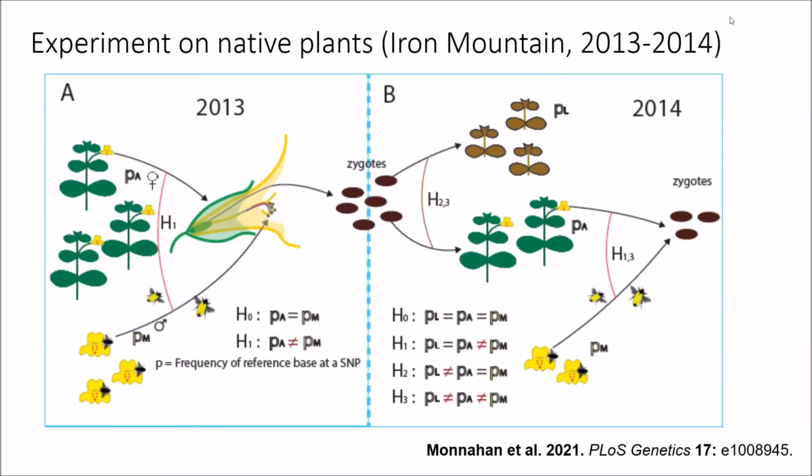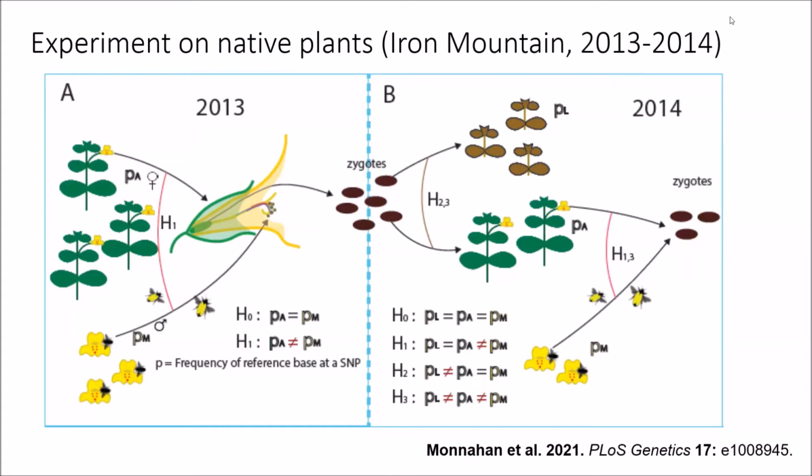In 2013, we went out to the population and marked a whole bunch of individuals that made it to flower, counted their seed, and then genotyped in the greenhouse a random selection of progeny from each. We then went out the next year to the natural population and followed them again from the seedling stage, which parses the entire population into two groups as you go through the 2014 season.